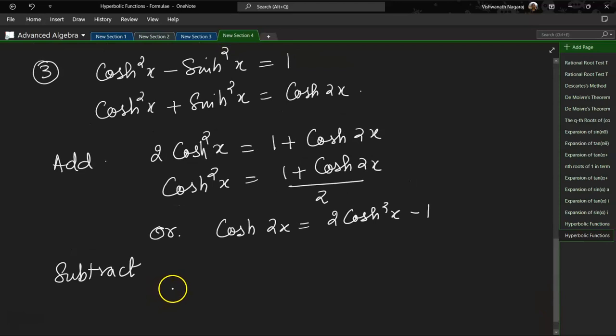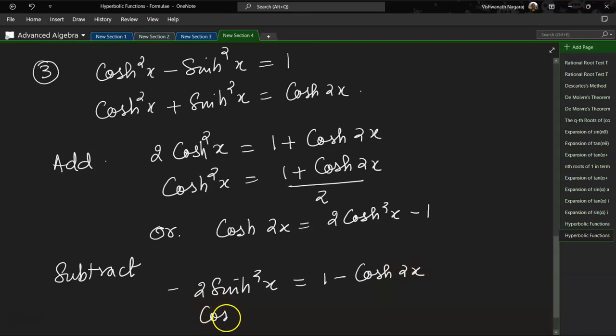We are left with minus 2 hyperbolic sine square x is equal to 1 minus cosh 2x, which becomes cosh 2x is equal to, I bring this to this side, so 1 plus 2 sinh square x, right? So cosh 2x can be written like this or like this.